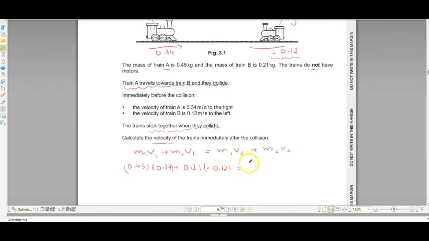Mass 1 over here was 0.45 and the velocity we still have to find, and mass 2 was 0.21 and the velocity we still have to find.